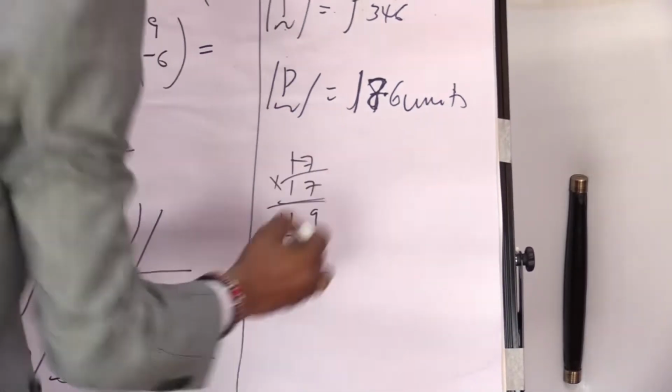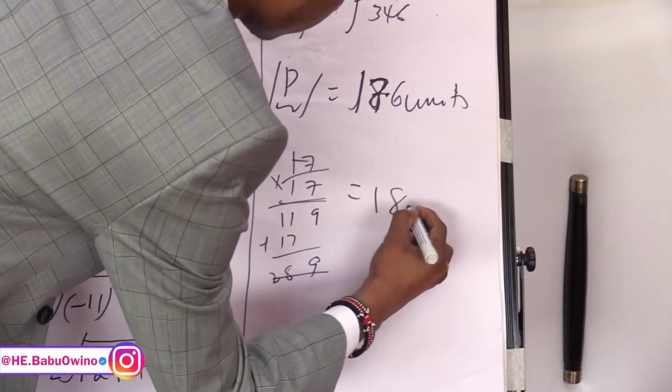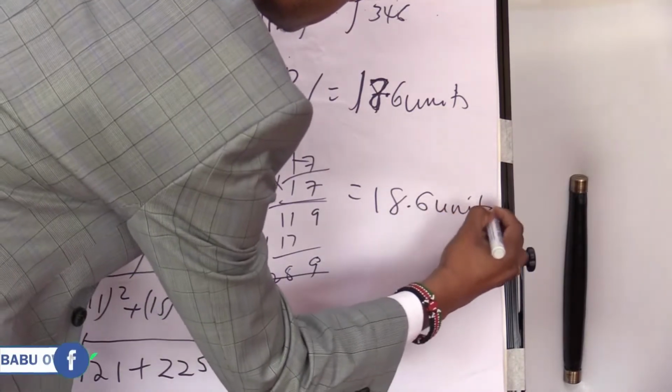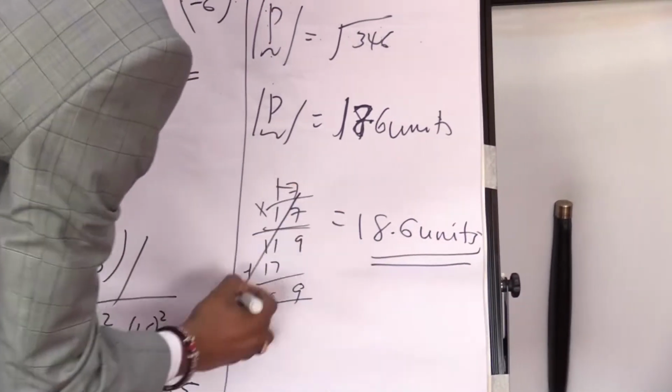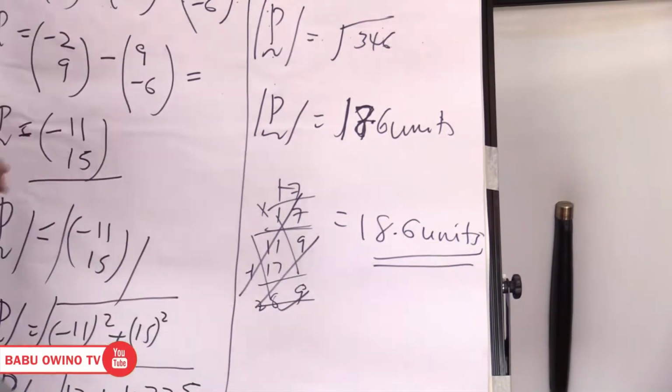So it's not 17, but it's 18.6. Then you add units. As easy as that.